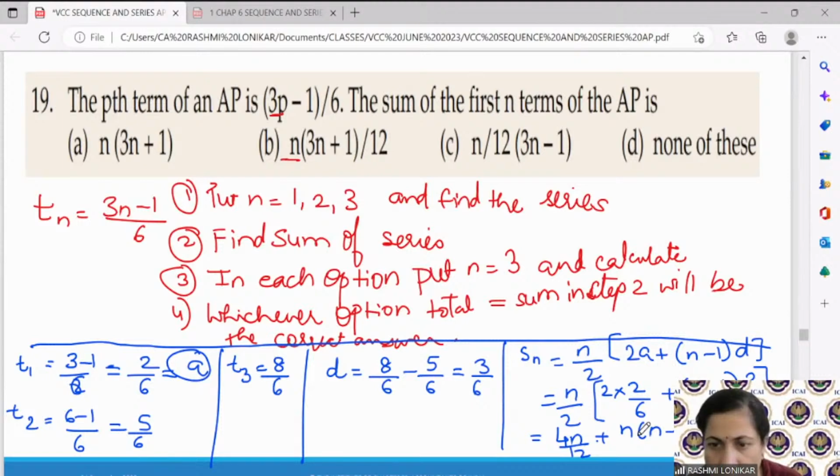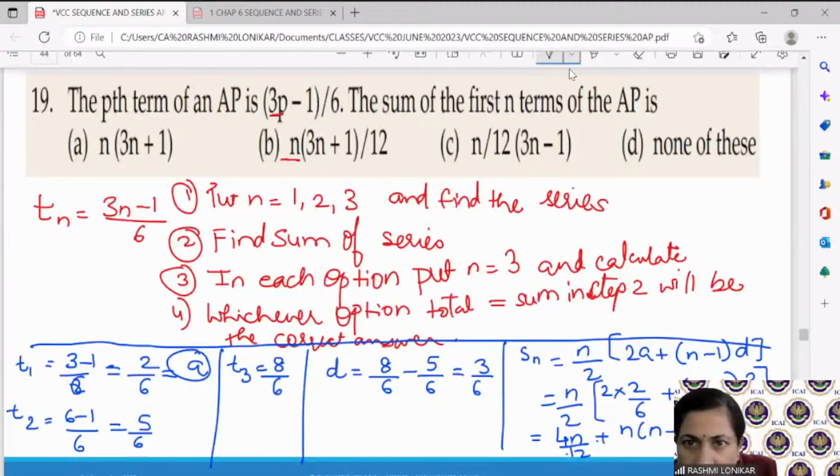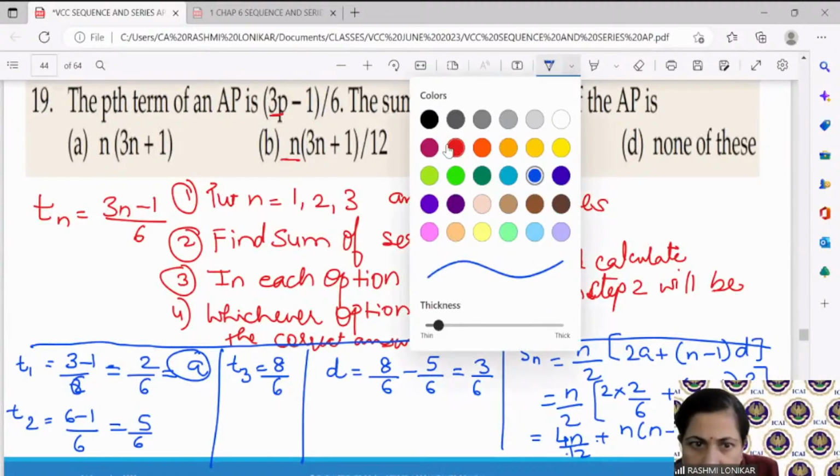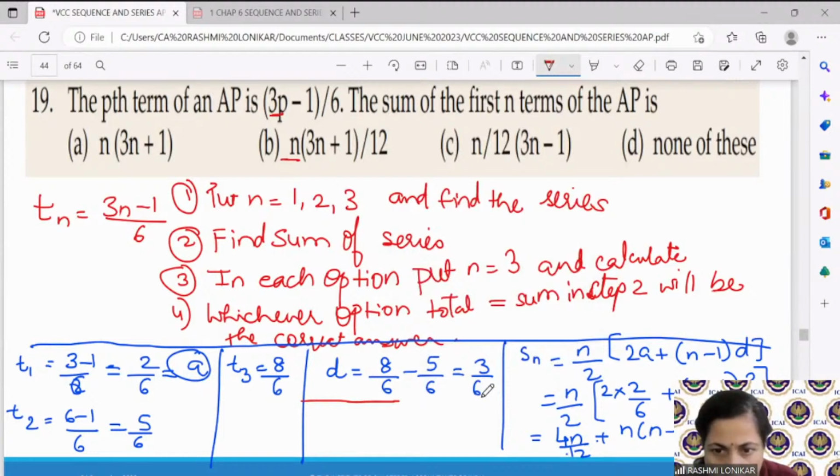This is also 12. I can take it outside. This is 4n upon 12 plus 3n into (n minus 1) upon 12.